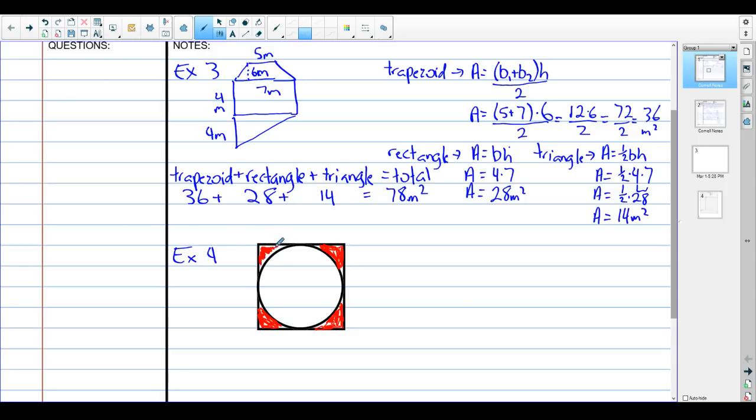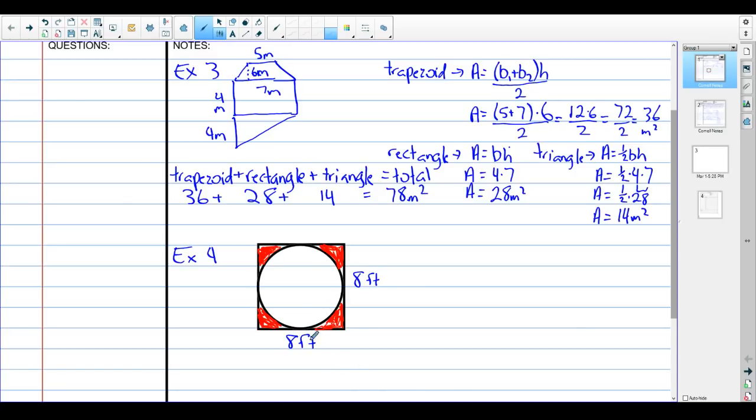Now we don't even have a name for these little shapes around it, like this curvy part, but it has a right angle. So we can't find the area of the shaded part directly. But we do know about the shapes around it, as soon as I write down that this is 8 feet by 8 feet.